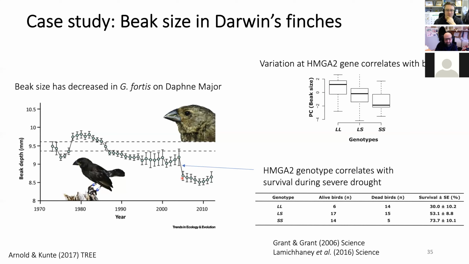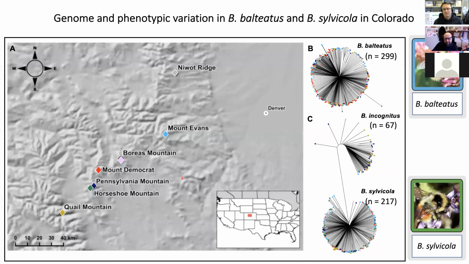So I was interested in whether similar things could be seen in the example of the bumblebees. Going back to the data set that we had, about 650 genome sequences from these species that were initially believed to be 2, but we think are 3.